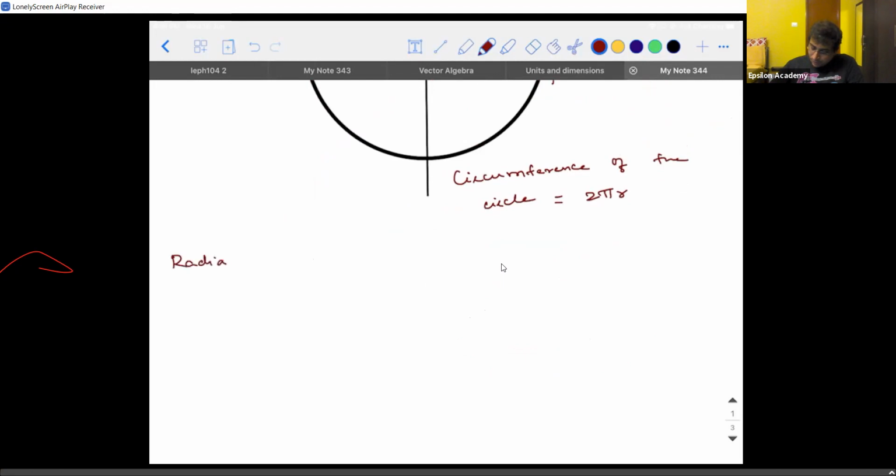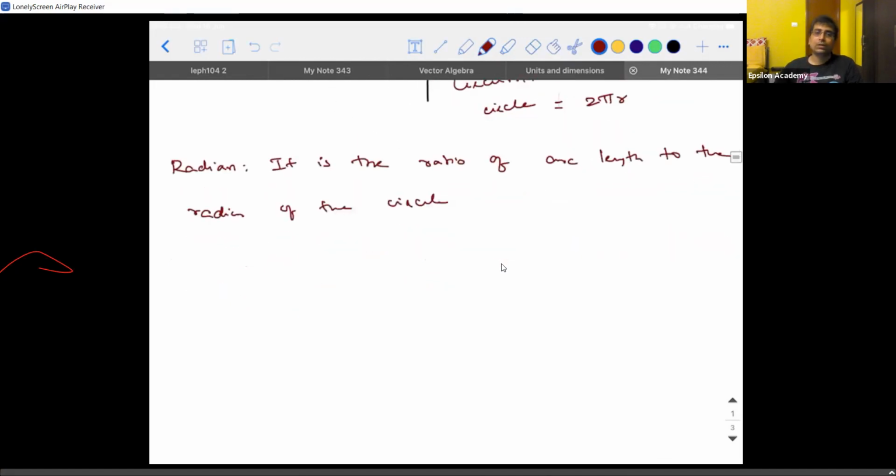Radian is defined like this. It is the ratio of arc length to the radius of the circle. So it is defined as the arc length to the radius of the circle.